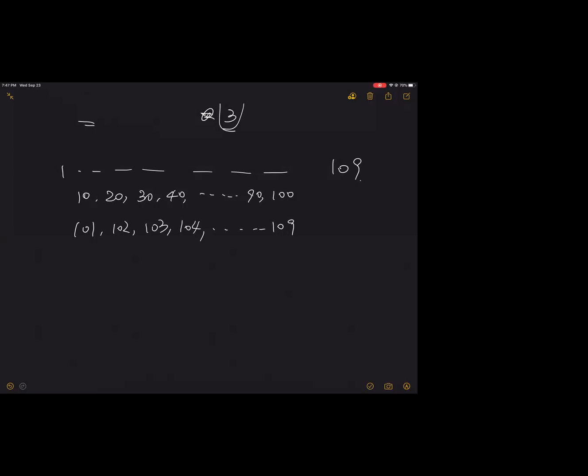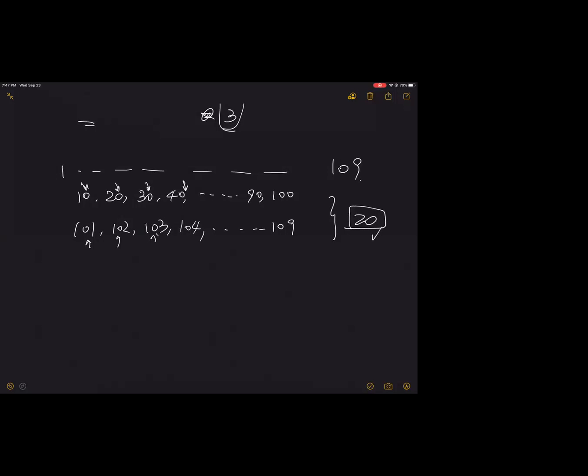And then you can count the zeros in all of those numbers. When you count them, it equals 20. So the answer is 20.